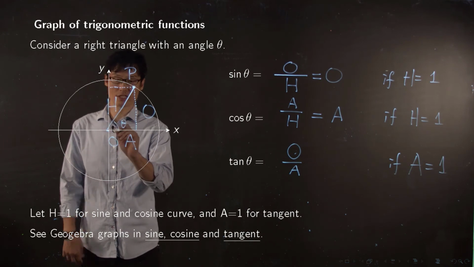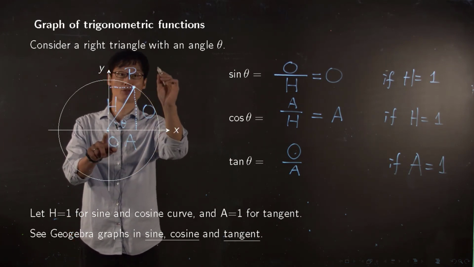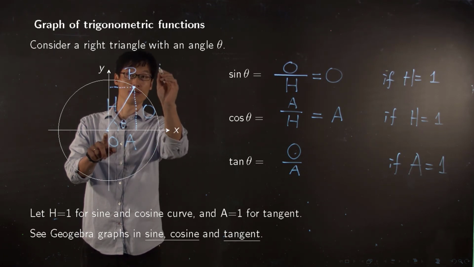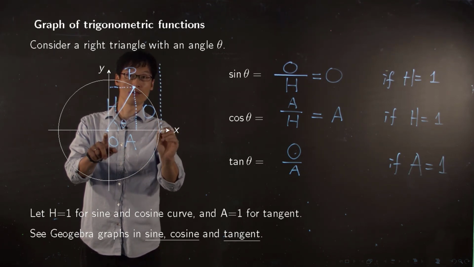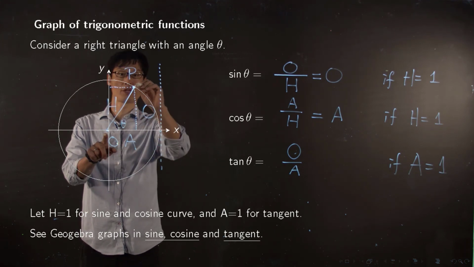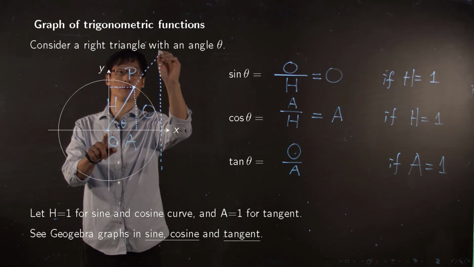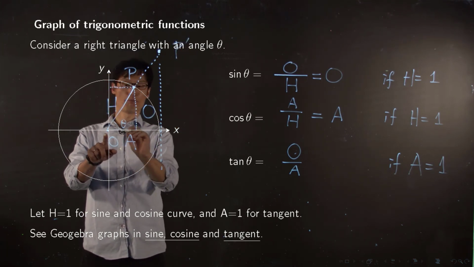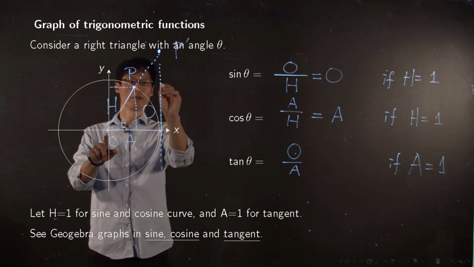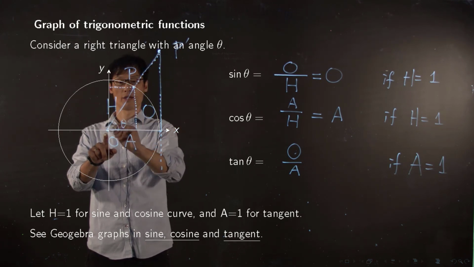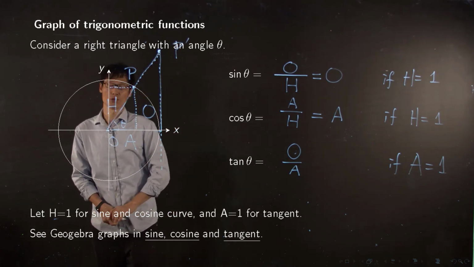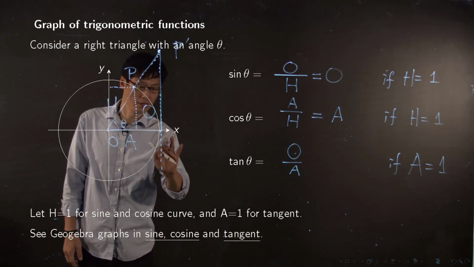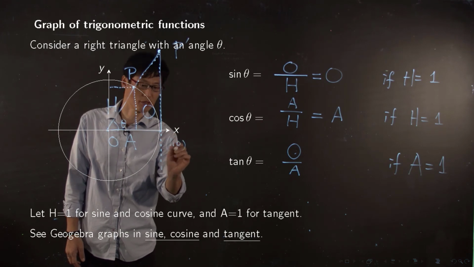That means you extend this point to have, say, P prime. Then you can think of a bigger right triangle, this guy. So you fix this adjacent so that this is always 1, 0.